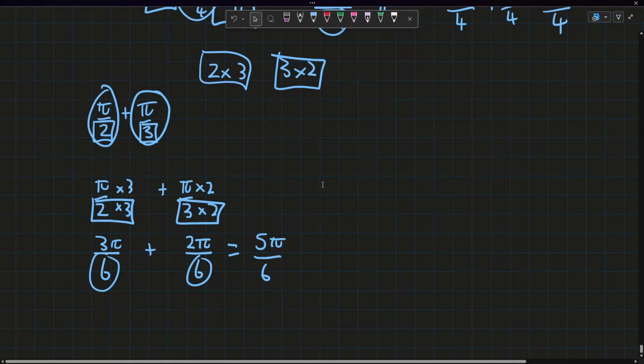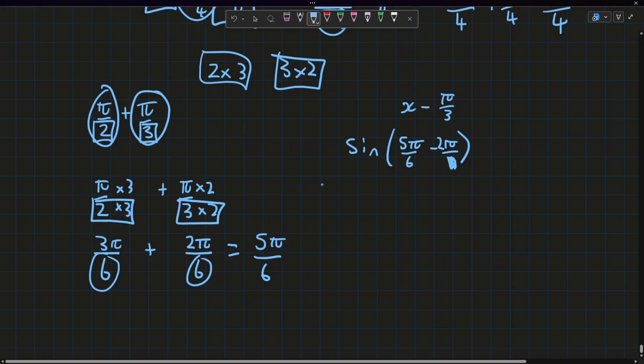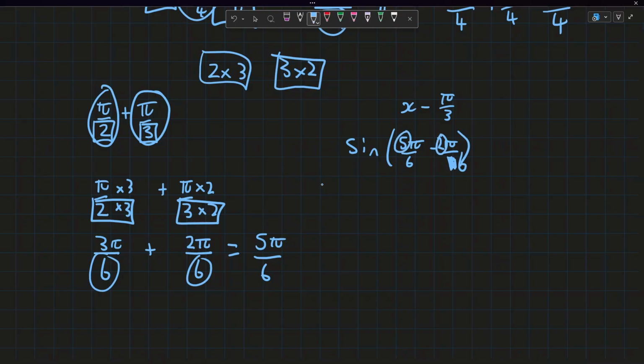And I'll show you that properly, just because this one was a weird number. Sine of x minus pi on 3. But for x, we're going to say 5 pi on 6, and then minusing pi on 3. And what will we get? Well, we need to make sure this has the same denominator as this one. So if we times the top and bottom by 2, and times this by 2 to get 6, now we can do 5 pi minus 2 pi gives us 3 pi on 6.